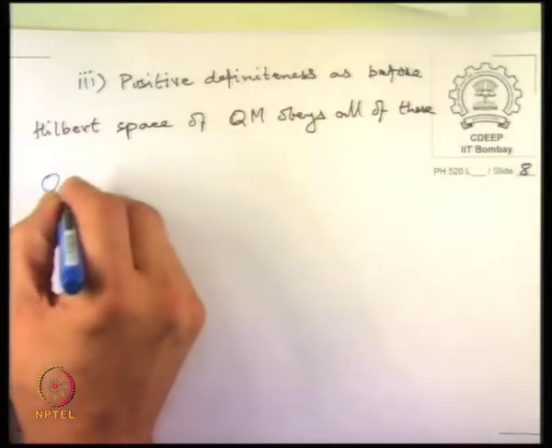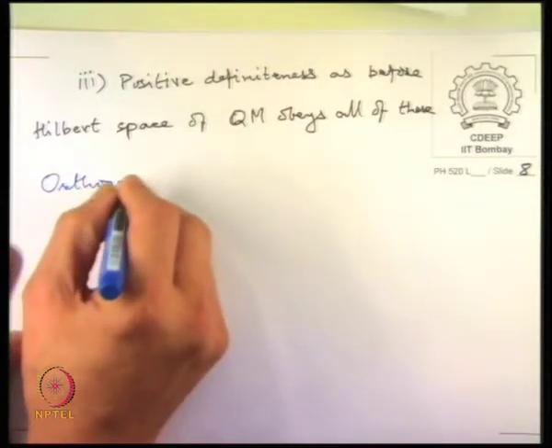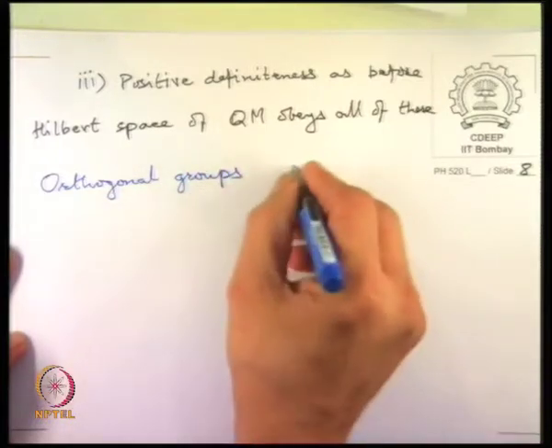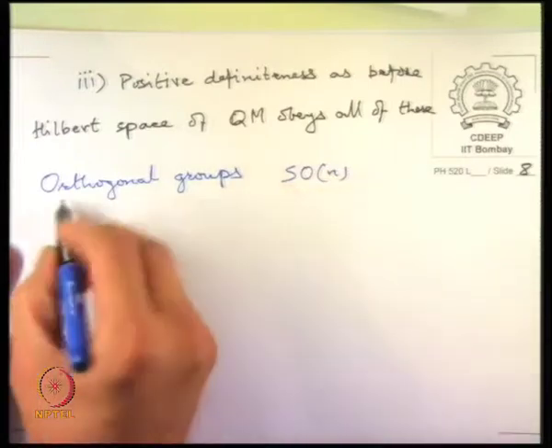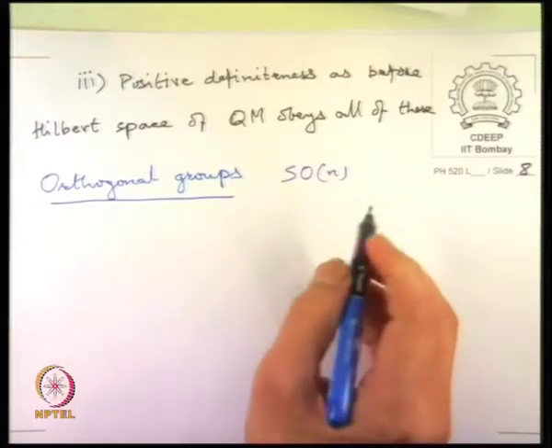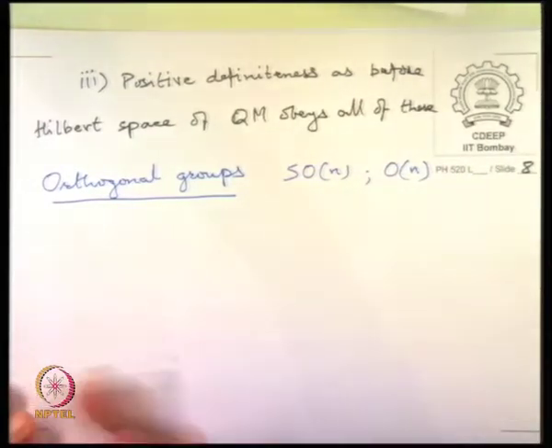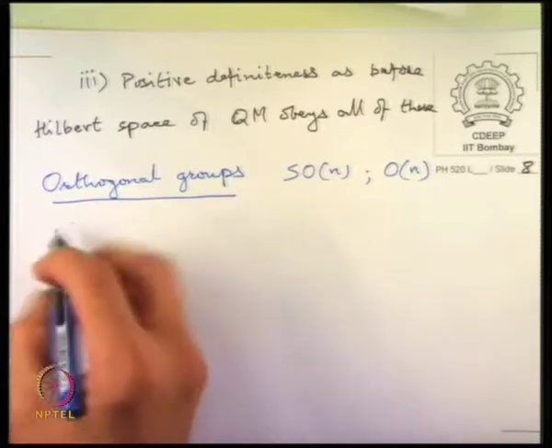Now coming back to this, we come back to our classical groups and we define the orthogonal group. I wrote that too soon. There is O(N) and there is SO(N), and this is what I will discuss now.